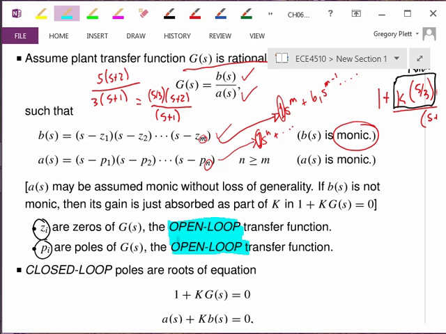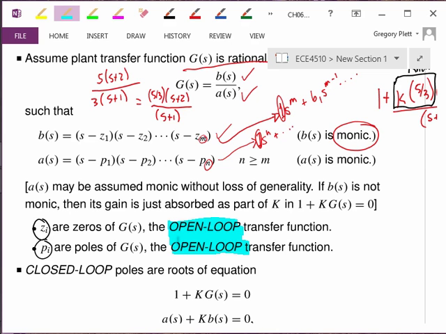This is not the first time we've done that. At least one other time, when we were looking at steady state error with respect to different kinds of inputs, we said if I have a unity feedback situation, then I look at the open loop transfer function, I look at the number of poles there are at s equals 0, and that tells me what the system type is.